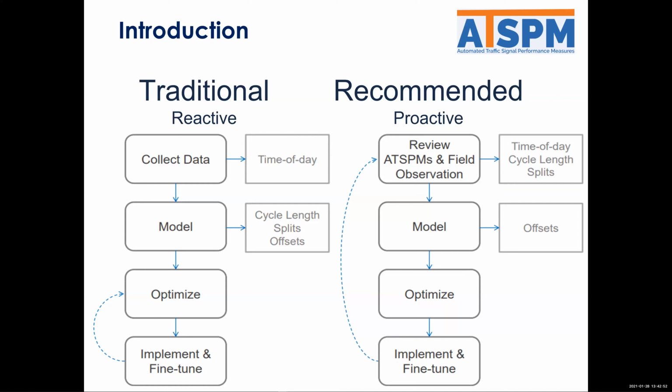We watch and observe the approaches to see if they're working right, make some fine tuning if we need to, and that is immediately sent back to review. And it's all done again in near real time. For our case, we're looking at anywhere between 1 minute and 3 minutes to run this whole process. So with the new ATSPMs, we're really getting a lot more efficiency out of the data.